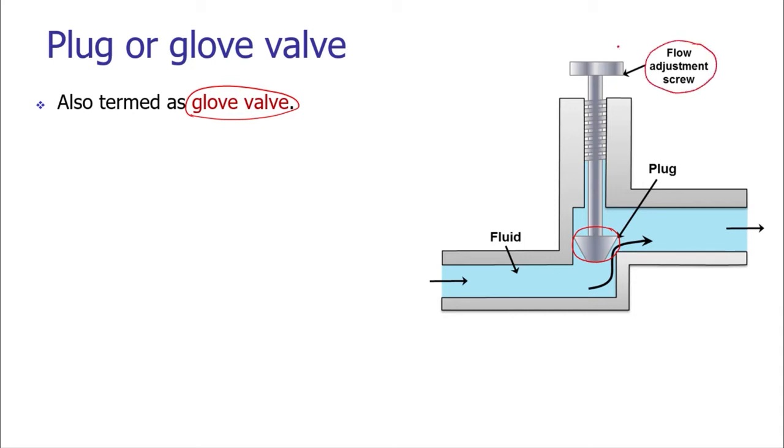As we rotate the flow adjustment screw, there is movement of the plug inside the passage. The accuracy of fluid flow is dependent upon the accurate machining of the taper angle of the plug. The adjustment of the plug is altering the orifice size between the plug and the valve seat.